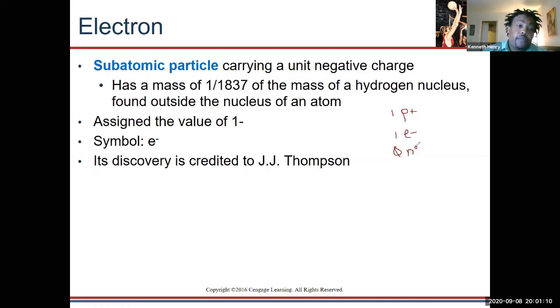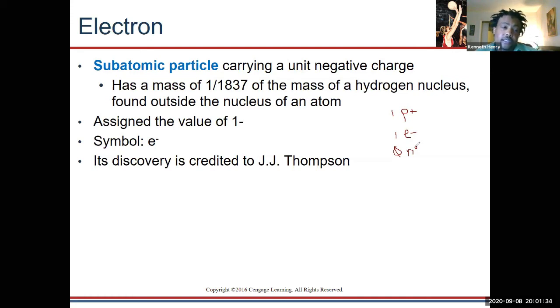Okay, so if the mass of an electron is 1/1,837th the mass of the hydrogen nucleus, you're just basically saying that it's 1/1,837th of a proton, right?